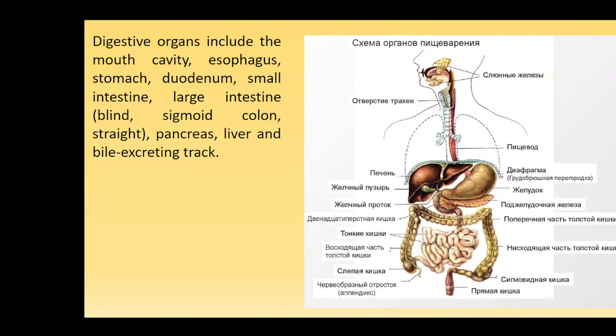You can see in these pictures, such as oral cavity, mouth cavity, esophagus, stomach, duodenum, small intestine, large intestine, pancreas, liver, and bile excreting tract including gallbladder.